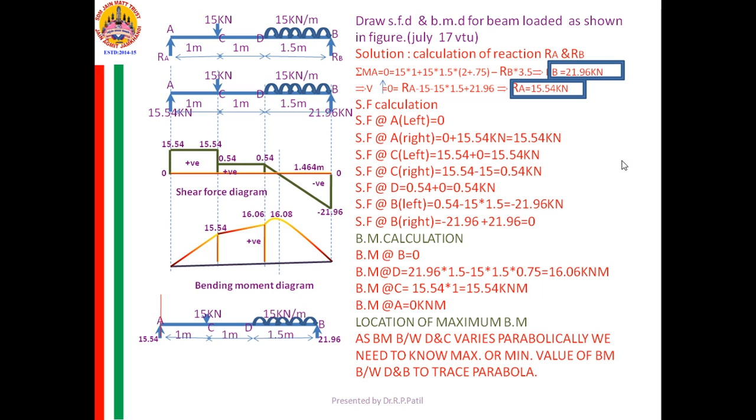Shear force is constant, a parallel line. Integration of a constant is linear, a straight, inclined line. Therefore, these 2 points I can directly join with a straight line.